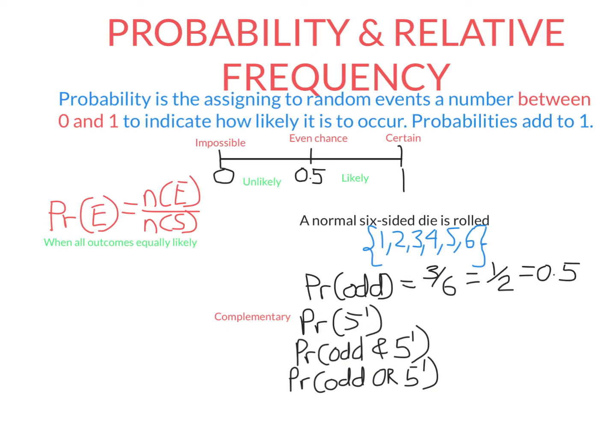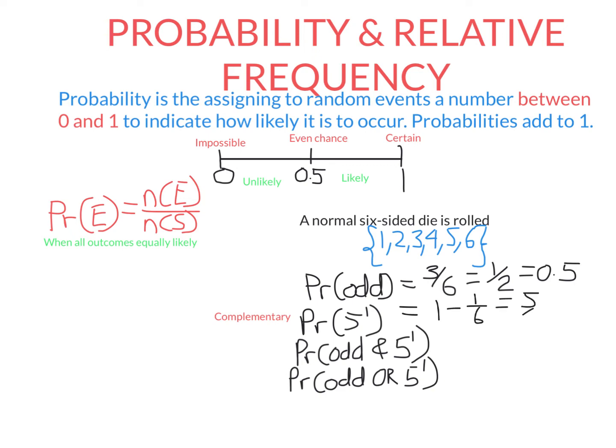So what does this here mean? This means the probability of not getting a 5. That's what that dash means. So as we said before, probabilities add to 1. If the probability of getting a 5 is 1 out of 6, because there's one 5 on the die, the probability of not getting a 5 will be 5 over 6. The probability an event does happen is just 1 minus the probability that it doesn't happen.